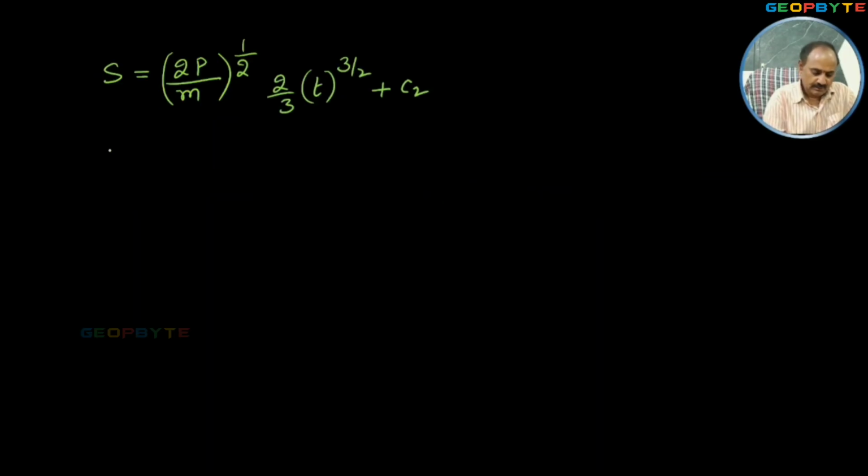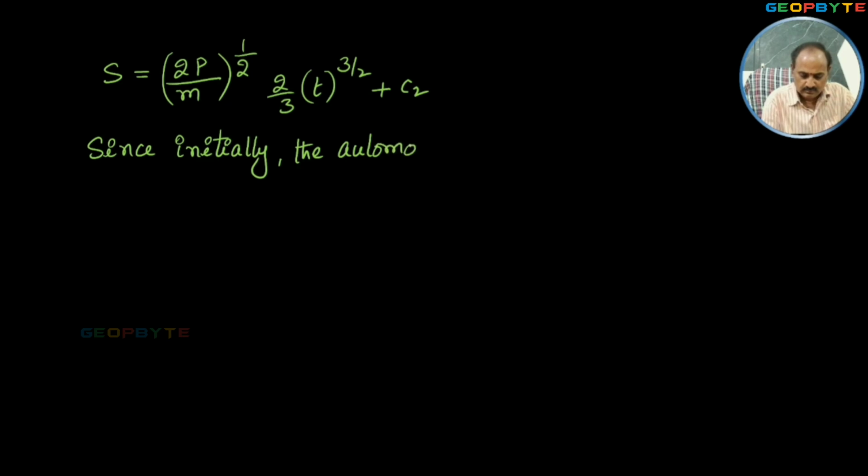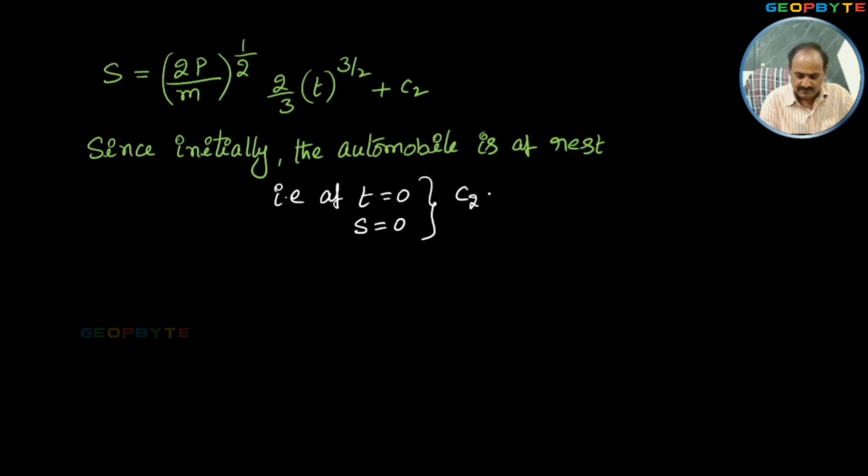Since initially the automobile is at rest, that is at t equal to 0, s also equals 0, then I can write that c2 equals 0.